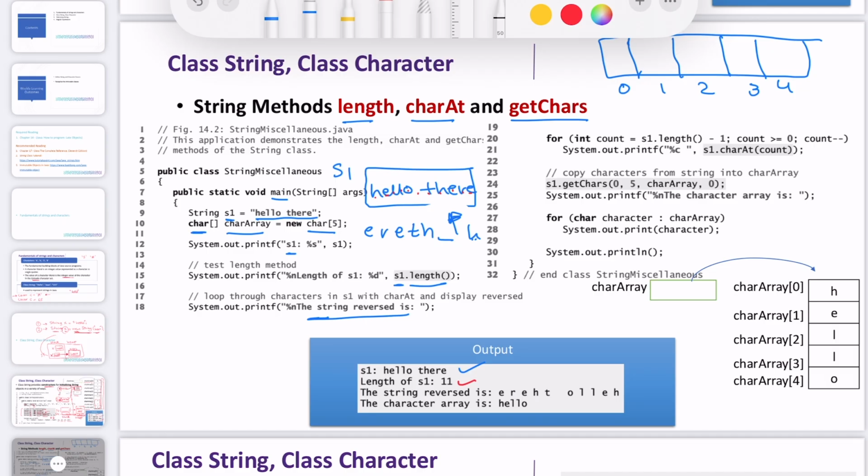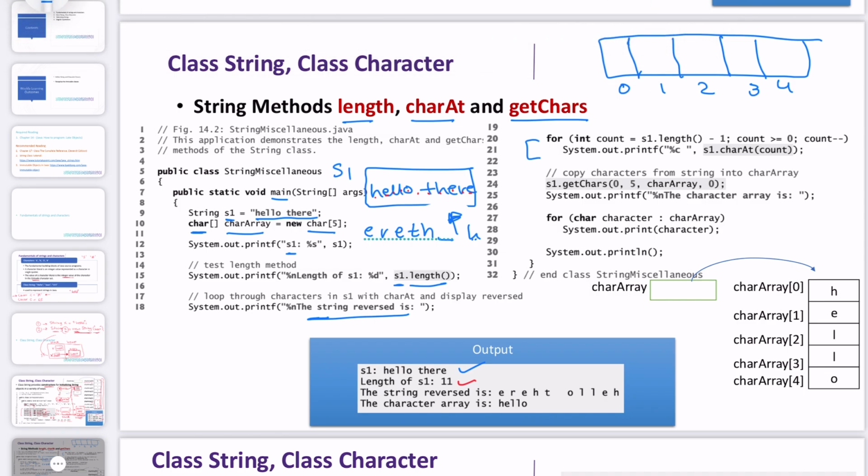To do this, I need a for loop. That's my for loop. Let's have a count variable over here, and it starts from S1.length, which is 11, because S1, as we said, has 11 characters, minus 1.